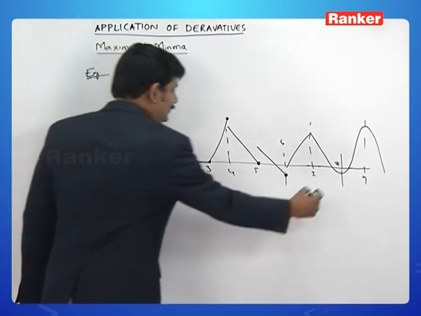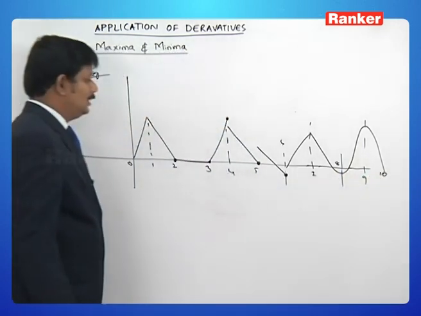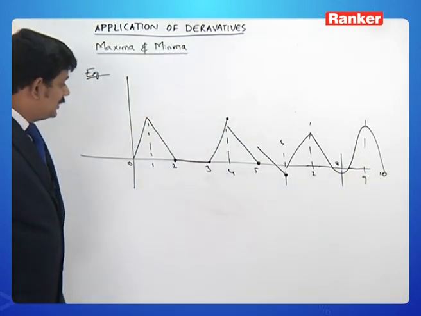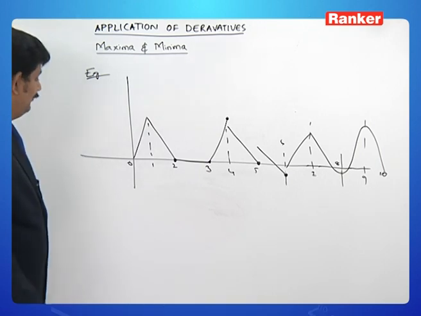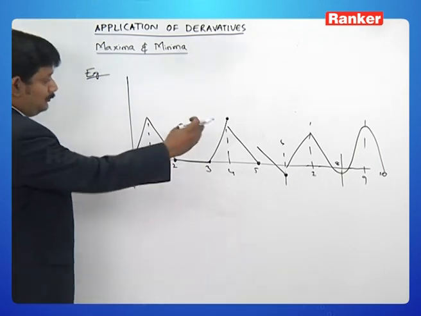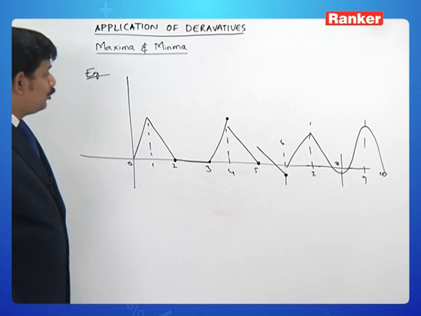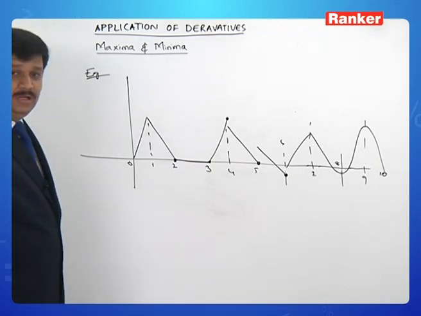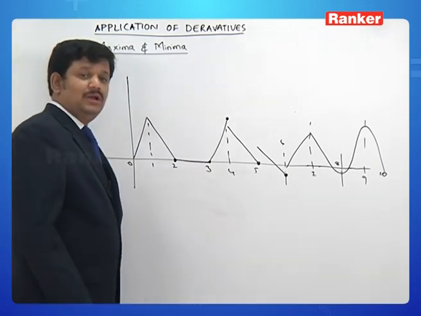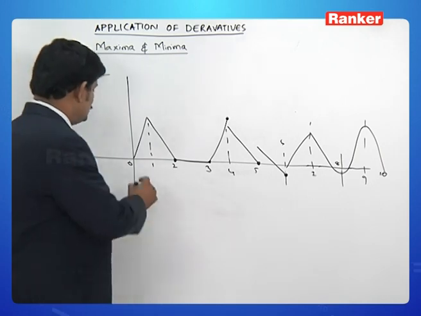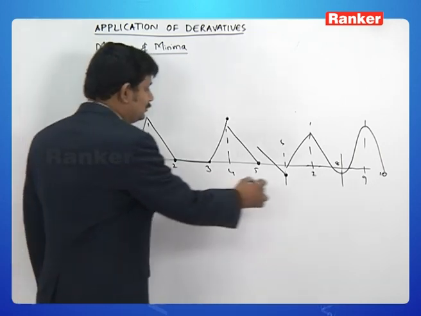We have a graph stretching from 0 to 10 and this is how the graph looks like. Let us see which point on the curve qualifies to be a local maximum and which point on the curve qualifies to be a local minimum. So, we are starting the graph from 0 to 10.